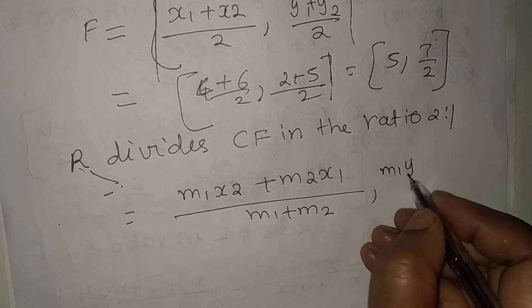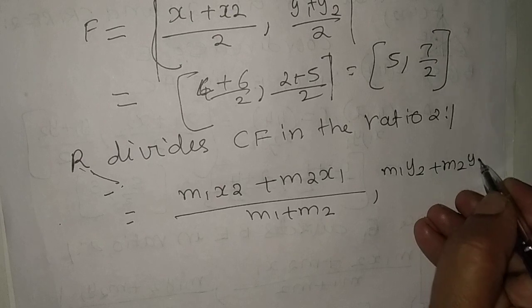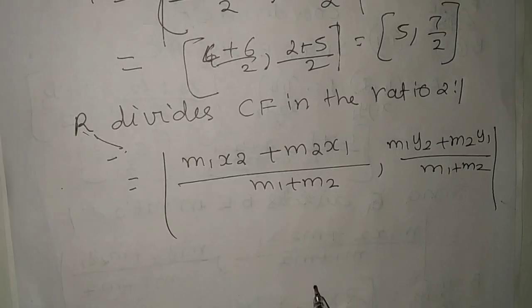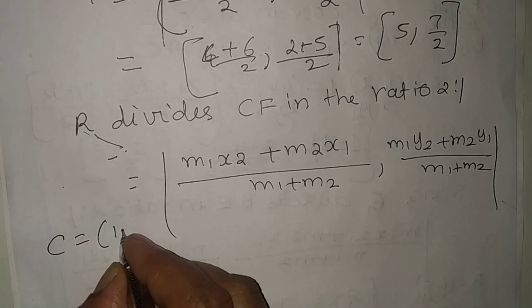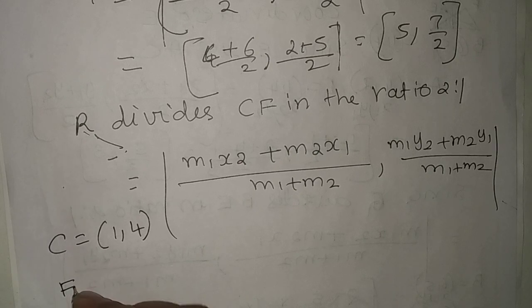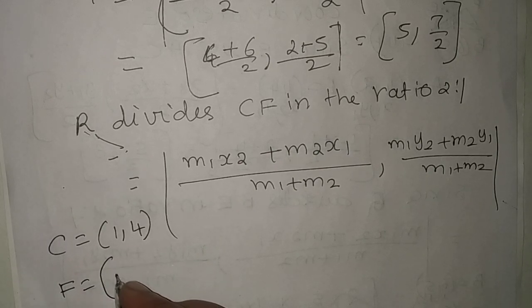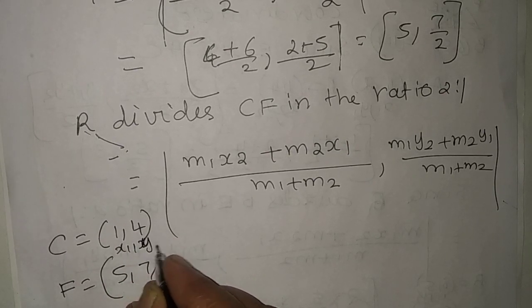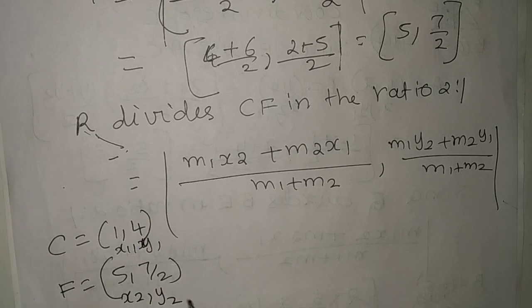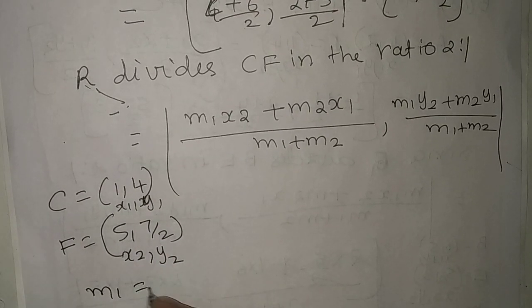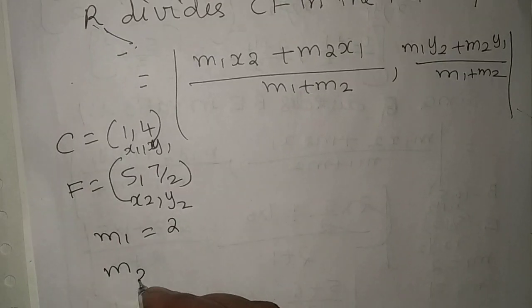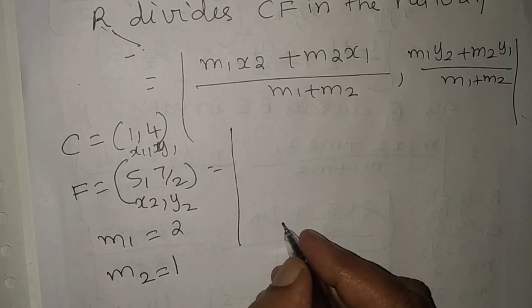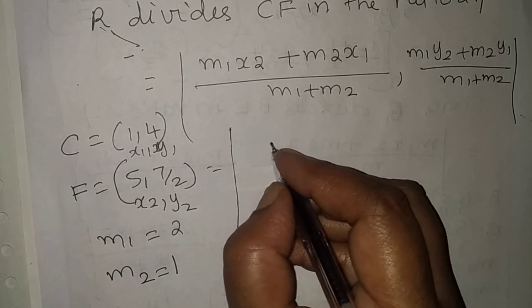C is (1, 4) and F we found out is (5, 7 by 2). This is x1, y1, x2, y2. Now the ratio is given, m1 is 2 and m2 is equal to 1. Substitute here.